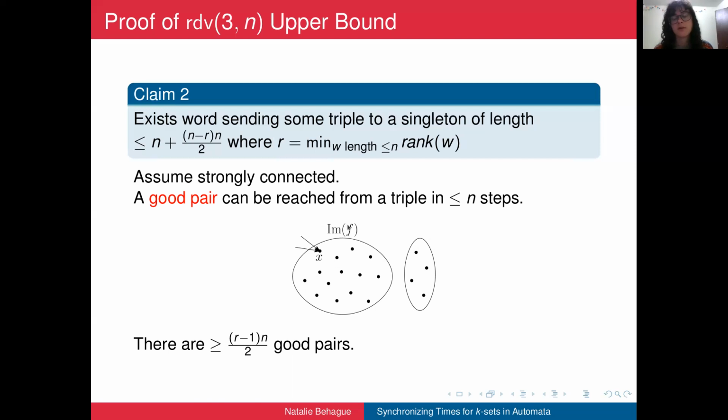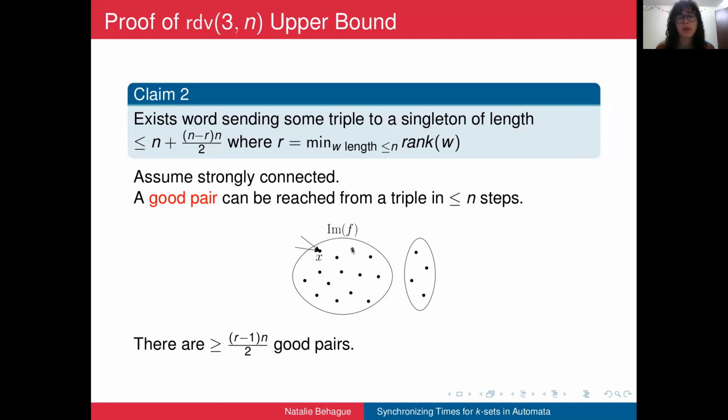So from the argument, just to repeat, we can find some word for any state Y. We can find some word of length at most n that sends a pair to that state Y. We look at the image of that word, and we can see that taking Y with any other state in the image of that word gives us a good pair.